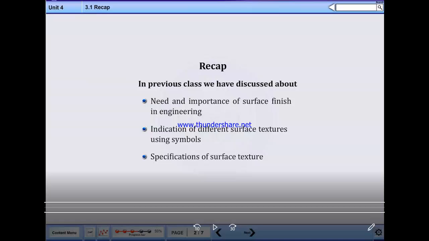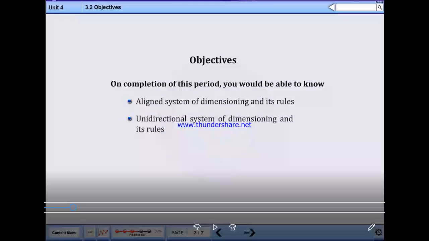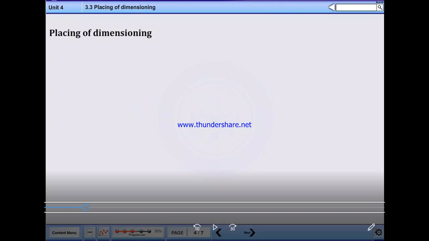With this background we move to placing of dimensioning. In this you will learn the aligned system of dimensioning and its rules, and the unidirectional system of dimensioning and its rules. After completing this, we will be ready to do the placing of dimensions.